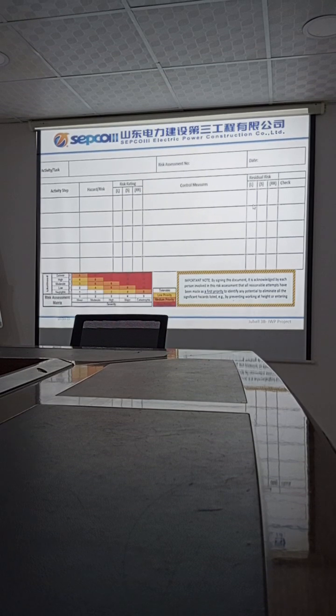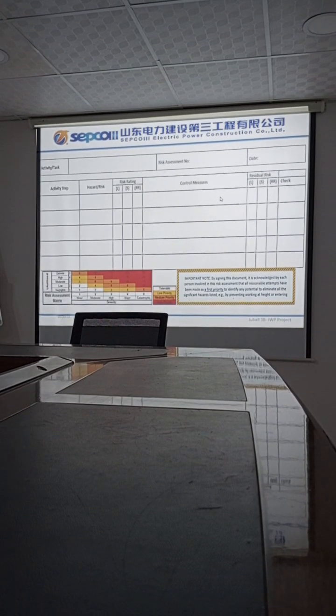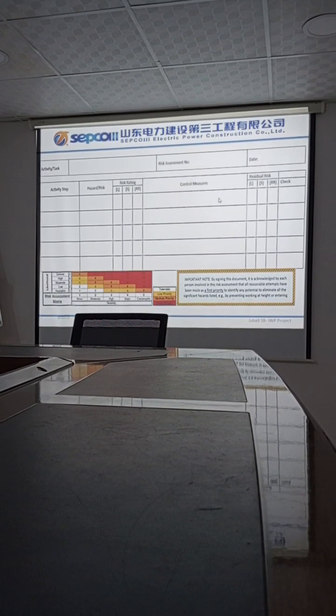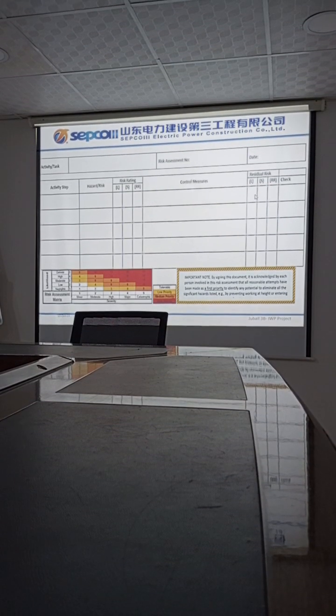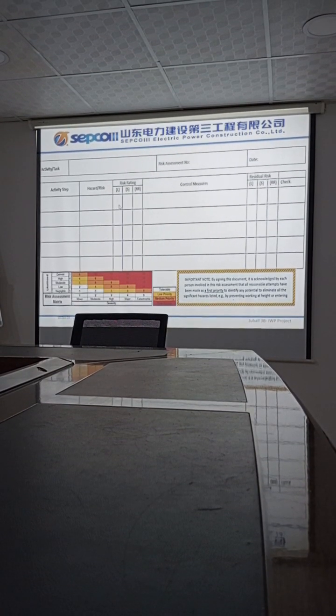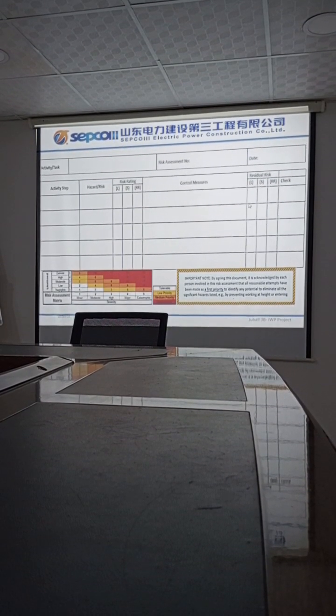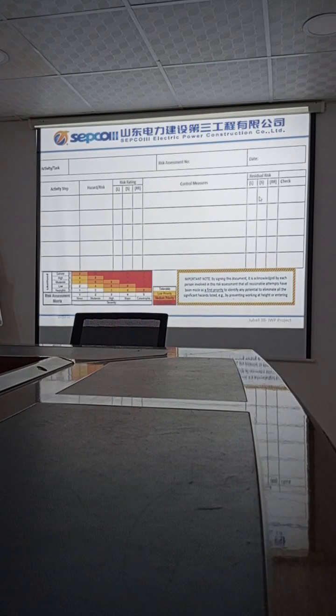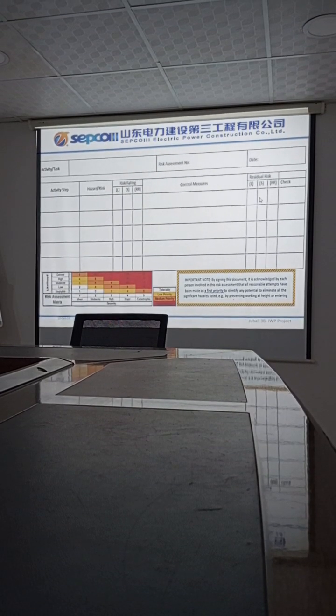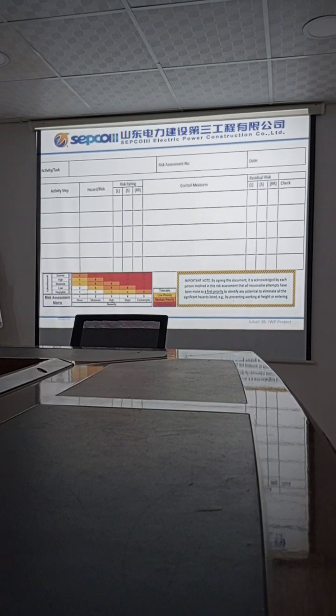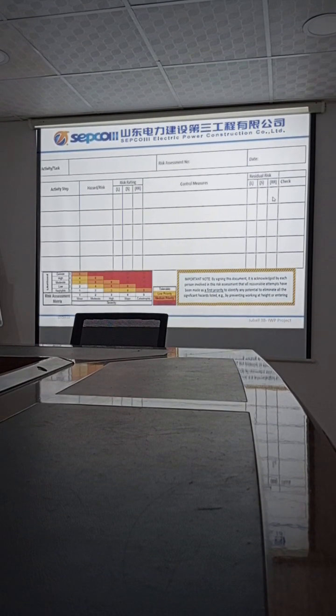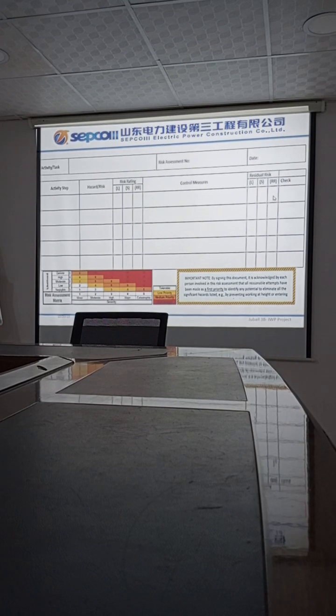Control measure, we put everything here, so it is reduced. Now it will become less. So likelihood maybe 1 because we already reduced it. Severity, yes, maybe still possible injury, but very less. So it becomes 1 times 2, so the residual risk will become 2.